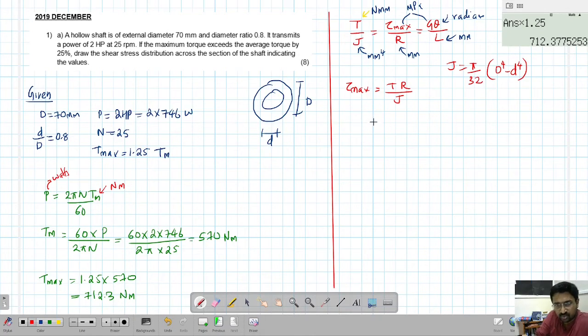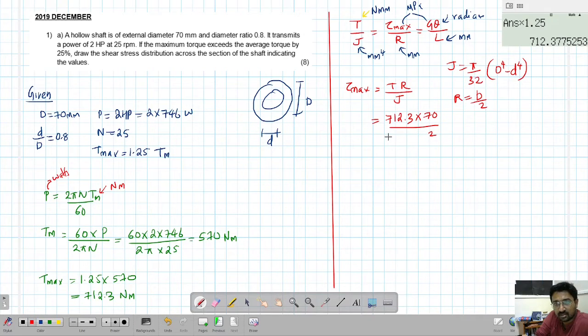Substituting the values, T is 712.3, and R is capital D by 2, so it is 70 by 2.